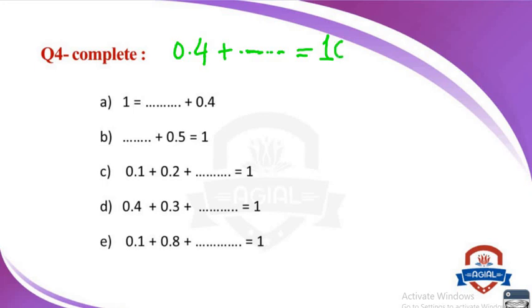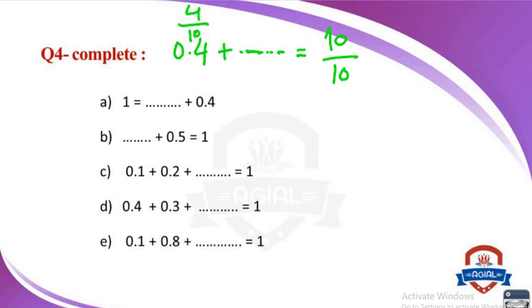So I write 10 over 10 to make it easier. 0.4 means 4 over 10.